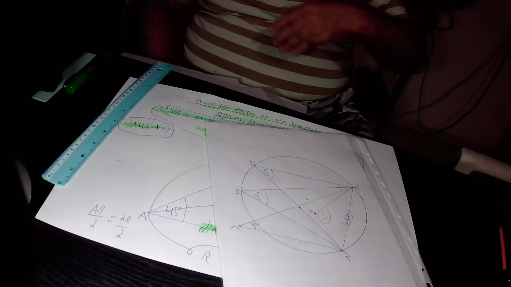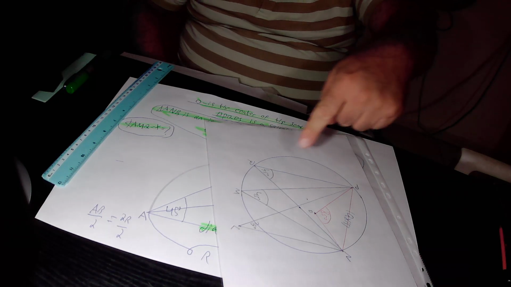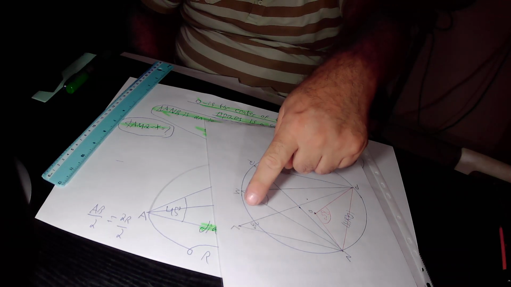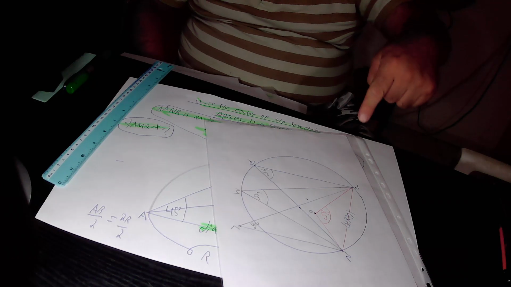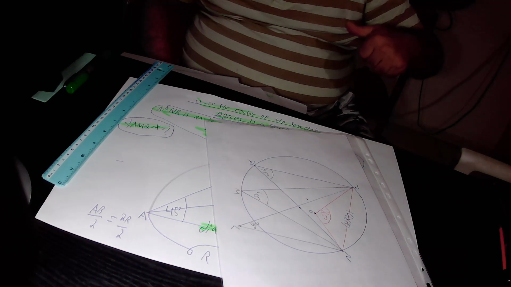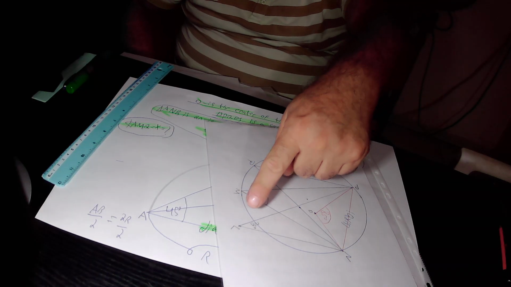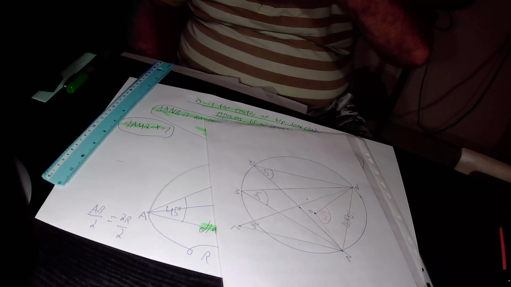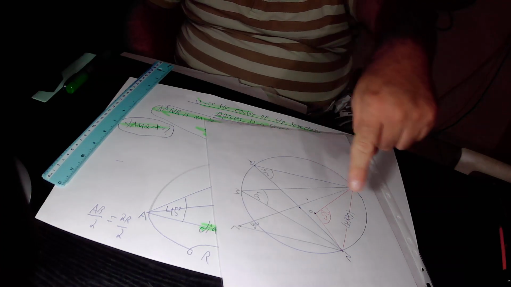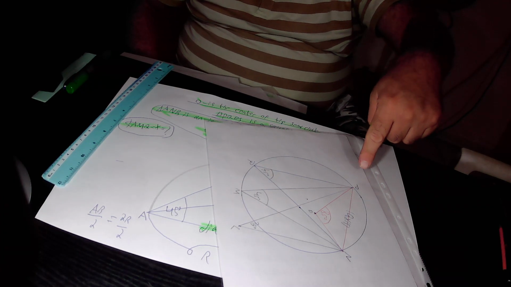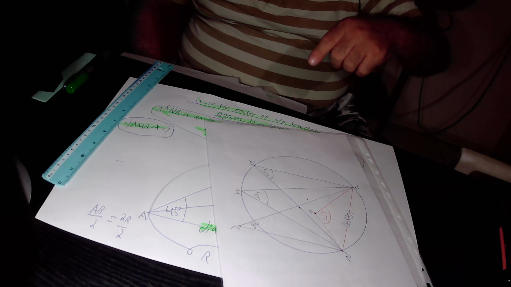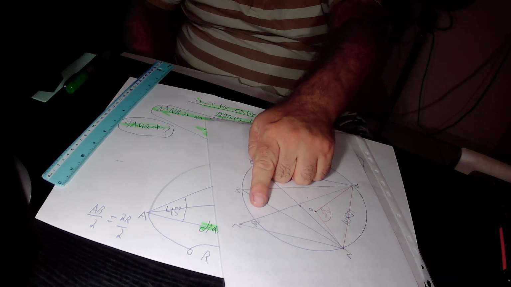Angle PLN lies outside this circle, and it subtends the same chord PN. Angle PLN, whose vertex L is outside this circle, subtends chord PN, but it is equal to 39 degrees in size.